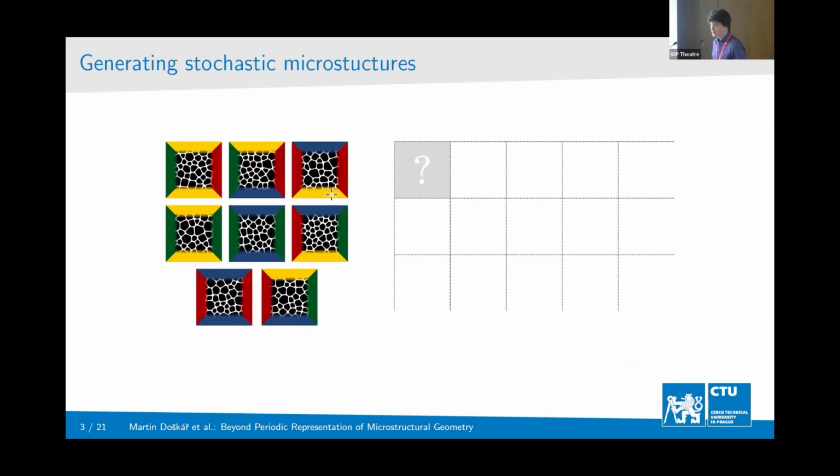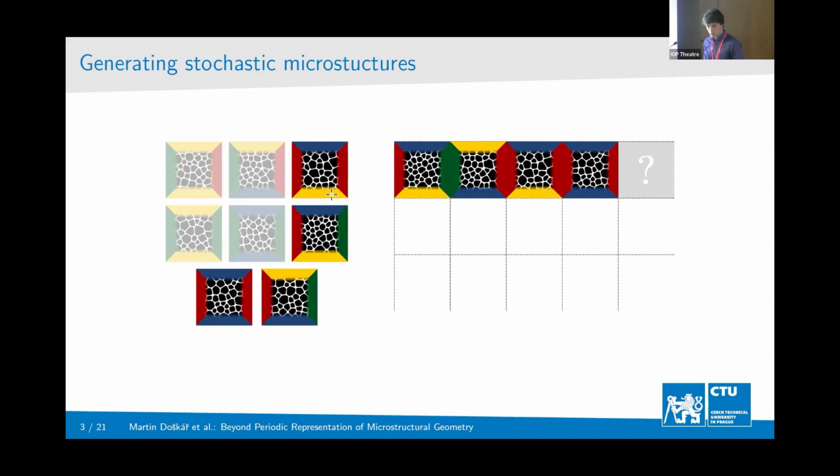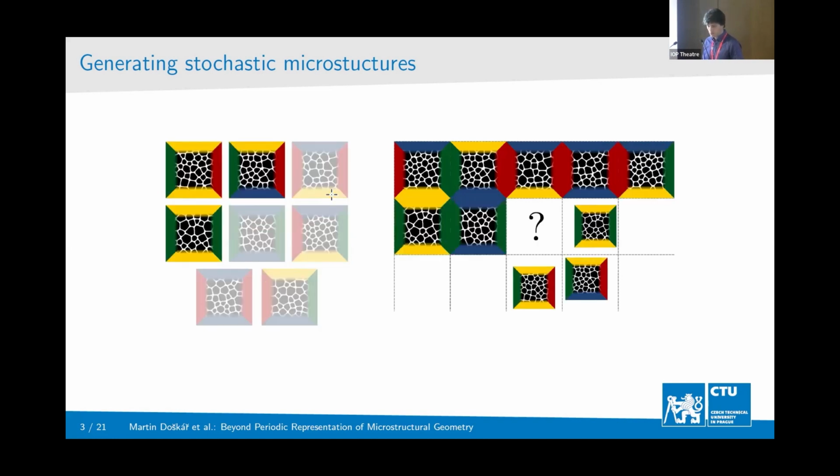And for that, you can use a very simple stochastic algorithm. So let's say you have a set of your microstructure representation in terms of these tiles, and then you want to create a larger sample, maybe like this. So you start and you pick one randomly, and then you look at those that are compatible with this one, you pick randomly again, and so on and so forth. At each step, you just take the subset of those compatible ones and you pick randomly.